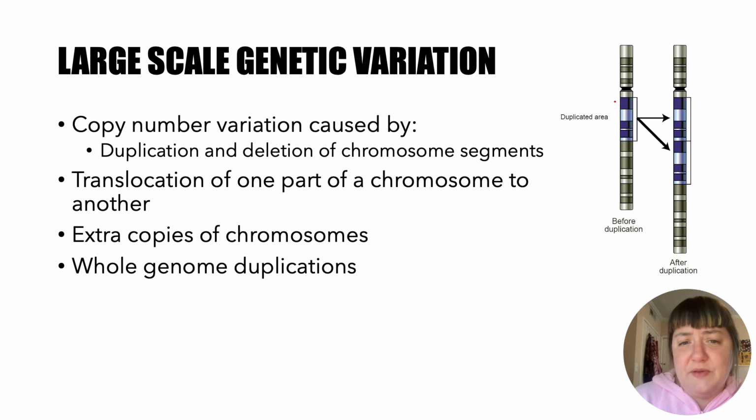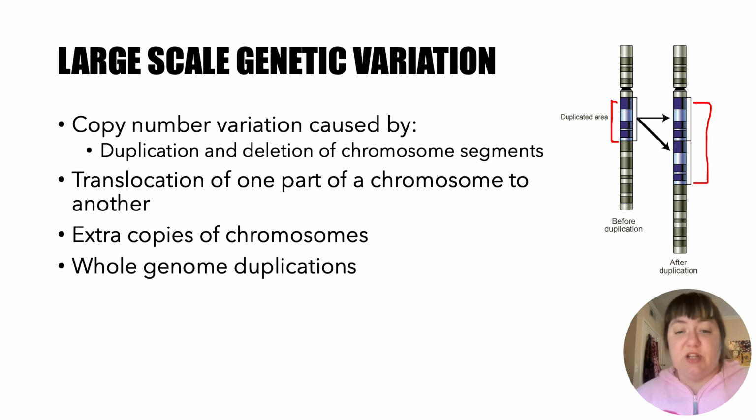You'll have an area of the chromosome, a whole area with a bunch of genes, that just gets duplicated, and then now you have 2 copies of all of those genes. Normally that would be pretty harmful in humans, but plants are able to handle that better.